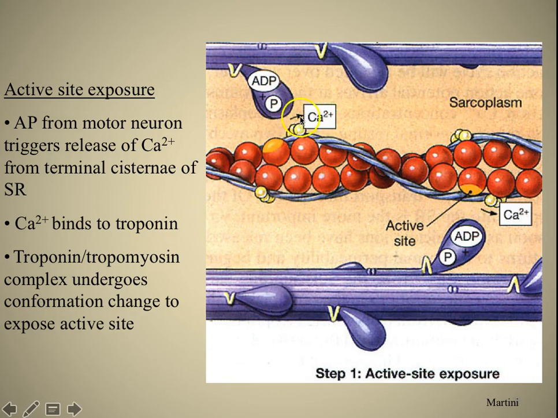And that binding to troponin is what will cause that troponin to undergo a conformational change. Let me get my pen here. Okay. So it undergoes a conformational change, it means it changes its shape. So troponin changes its shape, it pulls on the tropomyosin, and now you'll notice these binding sites are available. Right?